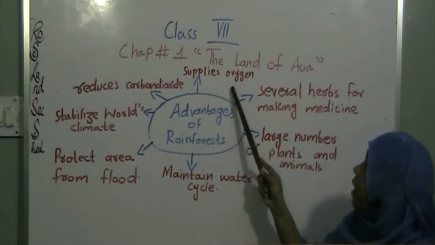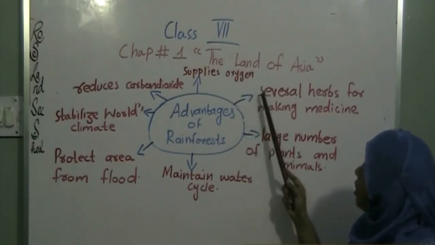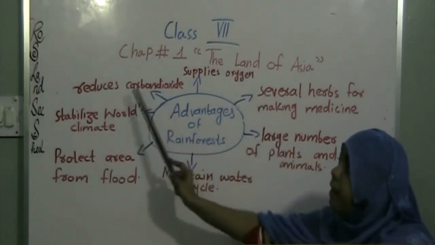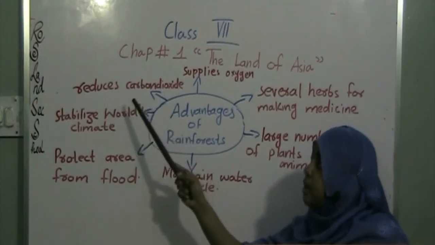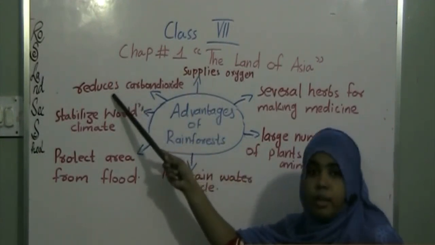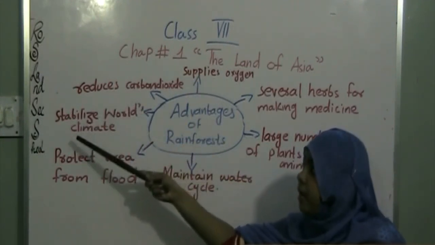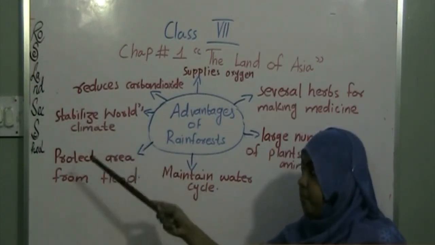Due to the supply of oxygen, carbon dioxide reduces. When oxygen increases and carbon dioxide reduces, in this way it stabilizes Earth's climate.